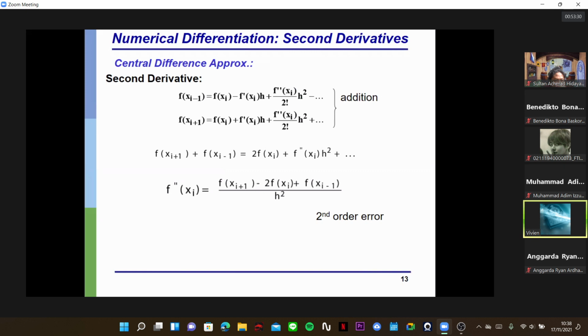Now, what if we have a system of ordinary differential equations? Before, we have learned about a system of linear algebraic equations. Now, what if we have a system of ordinary differential equations? For example, we have several ODEs to get the values of y1 up to yn.